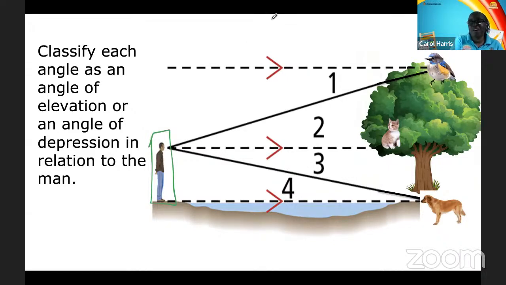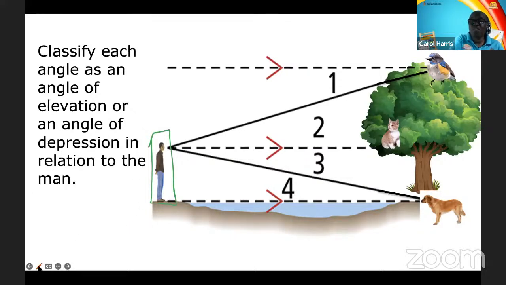All right, so for the bird, he's looking down at the man. All right. Let's ask Ms. Harris to remind us about the horizontal. That is right. So if it's below the horizontal, whichever point of view it's coming from, below the horizontal will give you a depression. Above the horizontal will give you an elevation. So thanks for that added dimension.